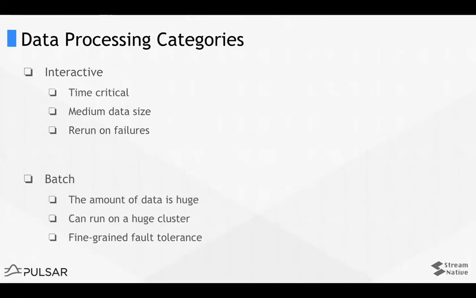Then you have the famous batch processing, like the whole Hadoop ecosystem, where the amount of data you process is huge, and the whole job runs in huge clusters. You provide a more fine-grained fault tolerance model, so you can rerun the task on the split or on the partition. You don't need to rerun the whole job.